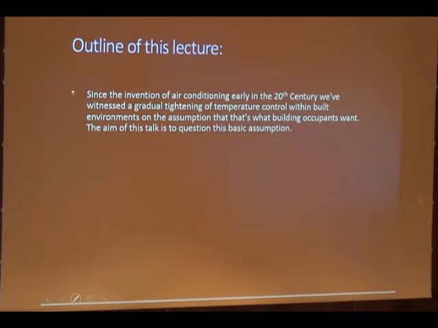The trend over the last 100 years has been essentially a gradual tightening of temperature control inside buildings, on the assumption that that's what people want, that thermal variation is an undesirable aspect of indoor climate, and that air conditioning is the strategy for removing variance from our thermal experience.